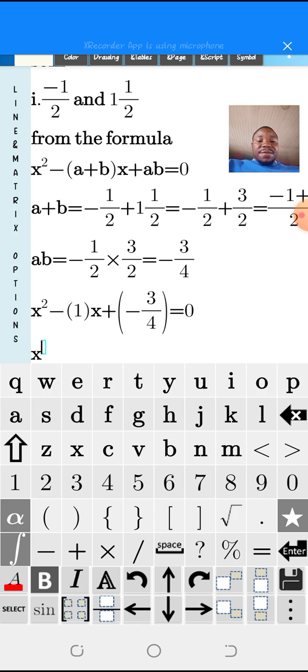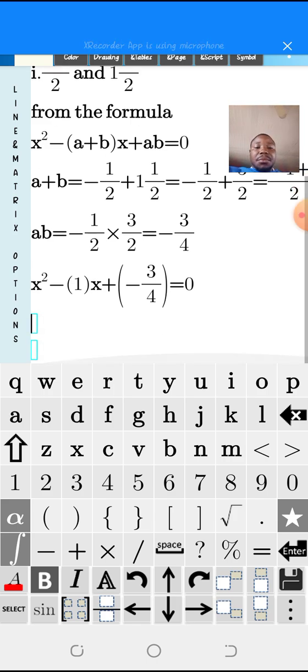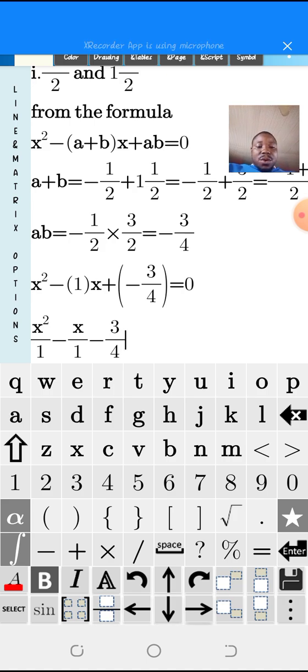So this is just the same thing as x squared. You can make it over 1 to make it a fraction, minus x over 1 as well, and then plus times minus is minus 3 over 4, equals 0 over 1.